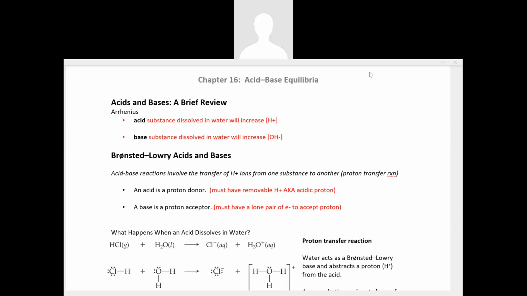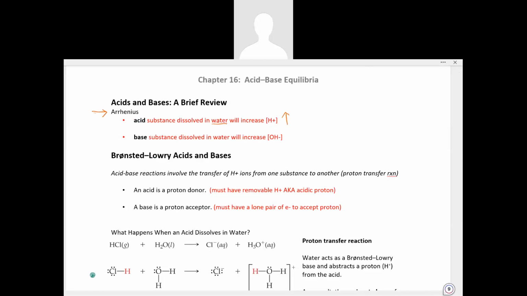In this first video from chapter 16 about acid-base equilibria, we'll take a brief look at a review of the different ways that we can classify acids and bases. The first system is the Arrhenius classification system, where an acid, once it's placed in water and dissolved, would increase the hydrogen ion concentration.